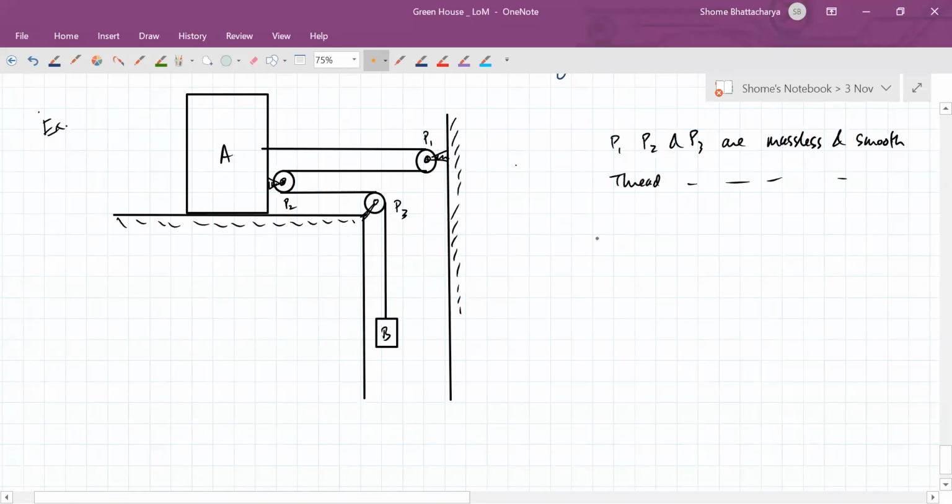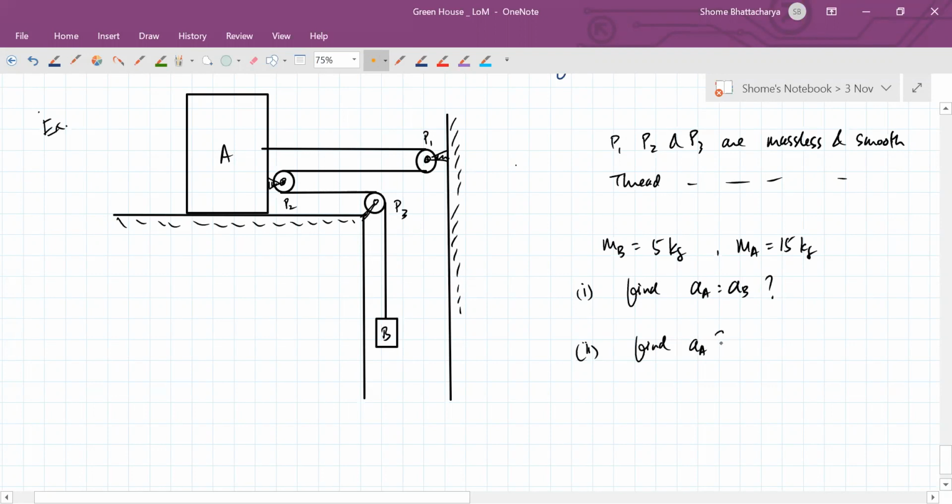Now, given that mass of B is 5 kilograms and mass of A is 15 kilograms, first of all, find the ratio of the accelerations, the acceleration of A to acceleration of B. And secondly, find acceleration of A and acceleration of B in meters per second square.